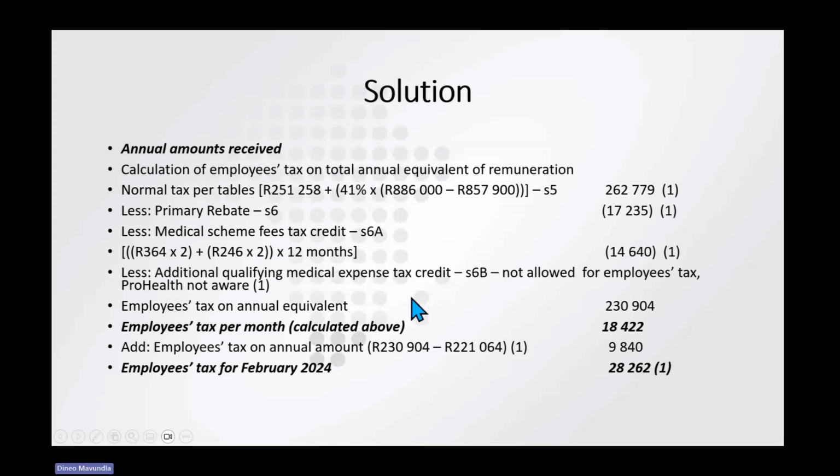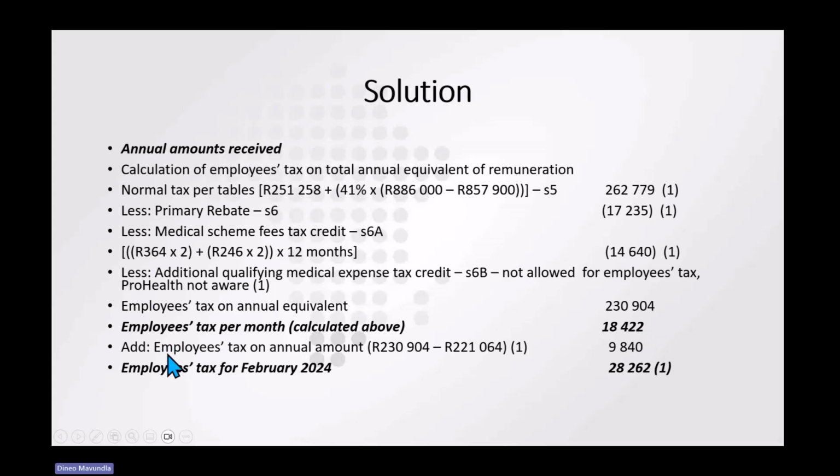And again, there wouldn't be any Section 6B allowance credit because the employer wasn't aware of it. Then our employees tax on the annual equivalent would be 230,904 Rand. Employees tax for that month will then be 230,904 divided by 12, and then we would get the 18,422 Rand.